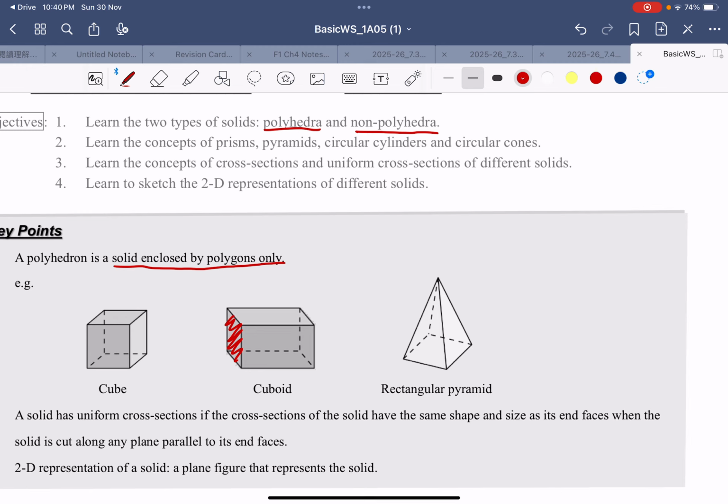We have the other faces, like these faces are rectangles. They are polygons. So a polyhedron is a solid enclosed by polygons only. And also we have a pyramid like this type, enclosed by some triangles and some quadrilaterals. Then it is a polyhedron.